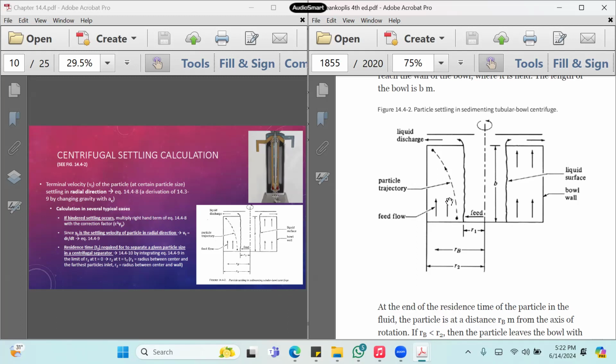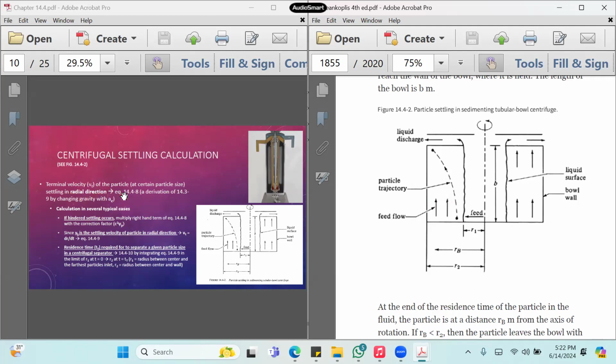Now here in centrifugation, we will also talk about terminal velocity of the particle. However, it's not settling in the downward, top-bottom direction. It moves in the radial direction because it's a centrifuge.